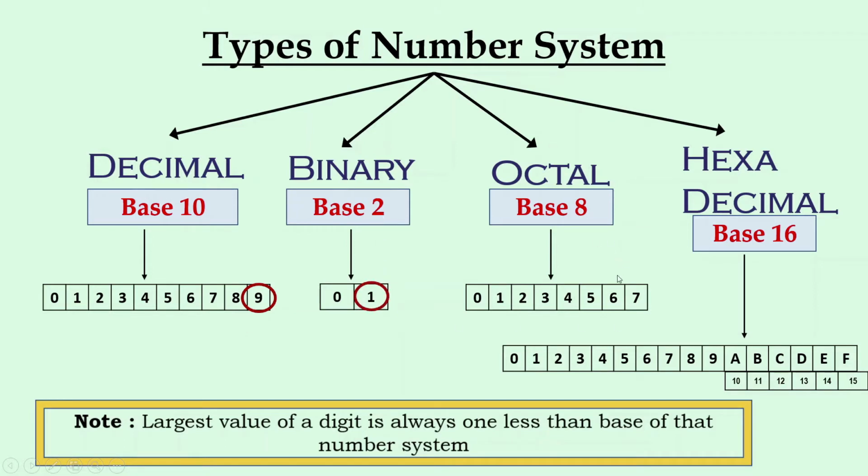For octal, as the base is 8, the largest value will be 7, and for hexadecimal, the largest value will be F, which indicates 15. This you have to remember: the largest value of a digit is always 1 less than the base of that number system.